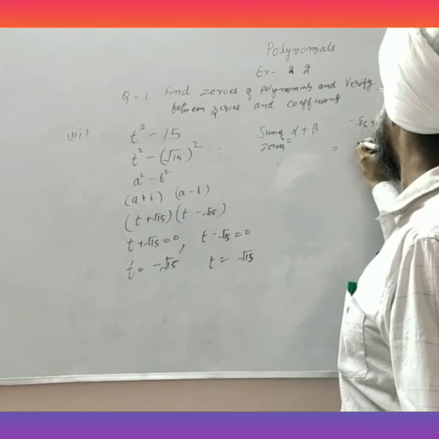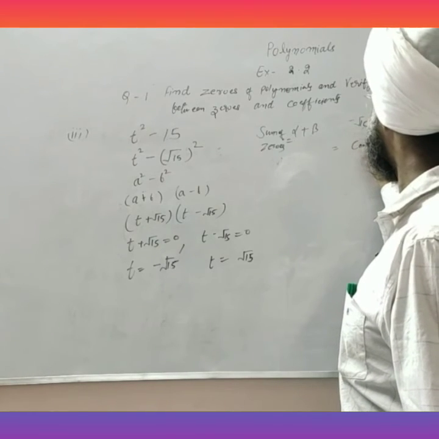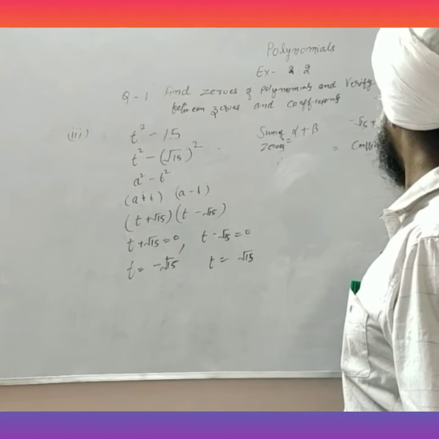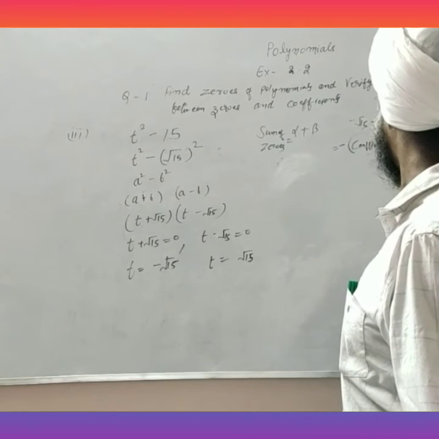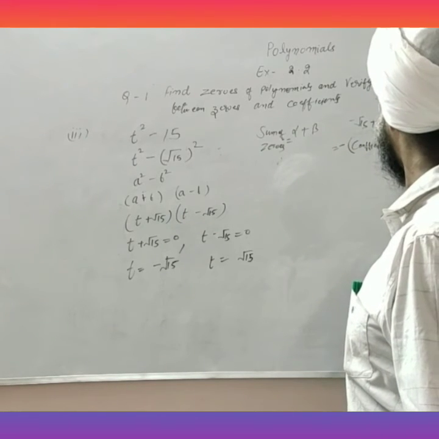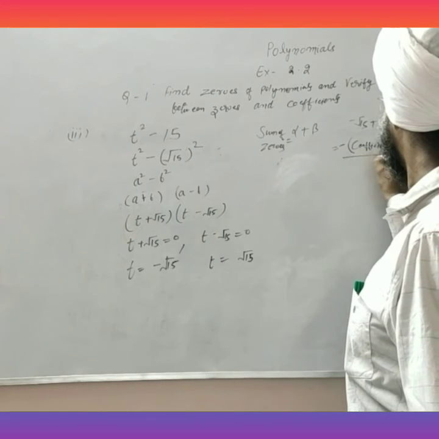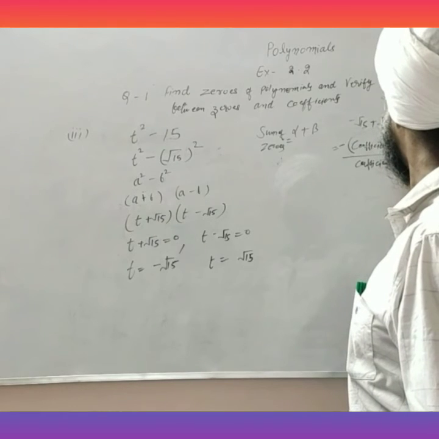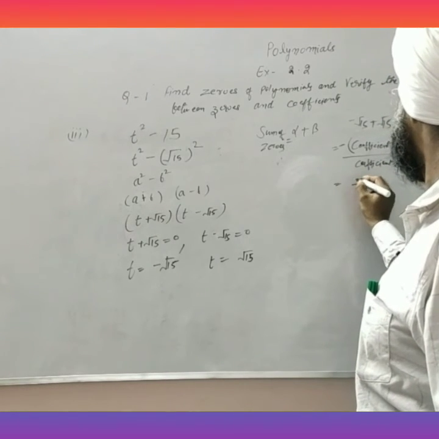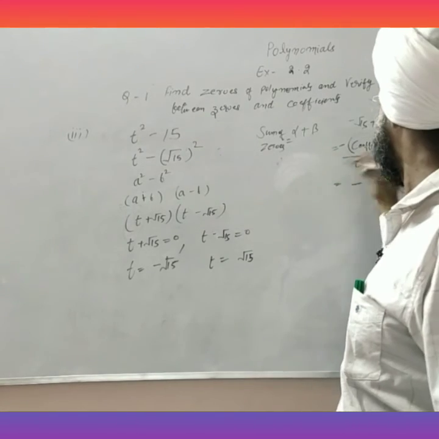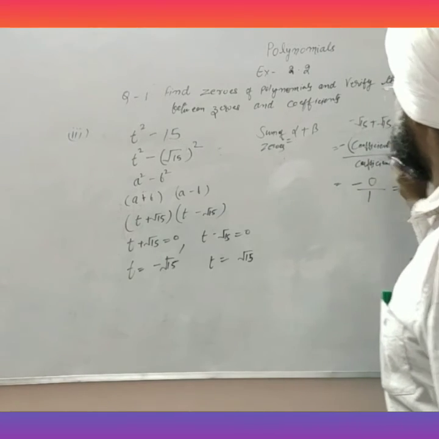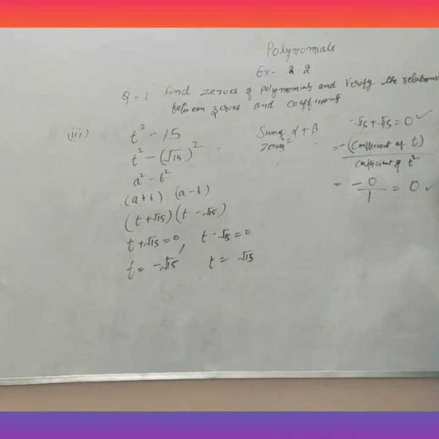It will be equal to minus coefficient of t upon coefficient of t square. Coefficient of t is not present here, so it is taken as 0, and coefficient of t square is 1. It is 0, sum of the zeros is also 0 and the relationship is matched, it is verified.